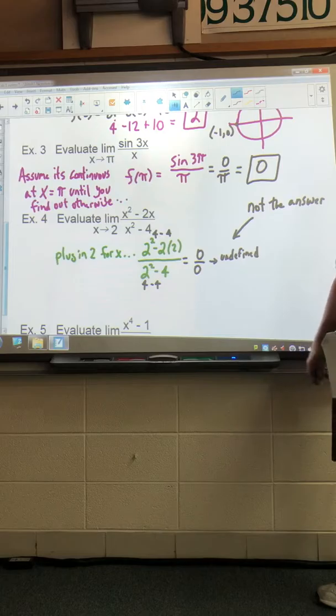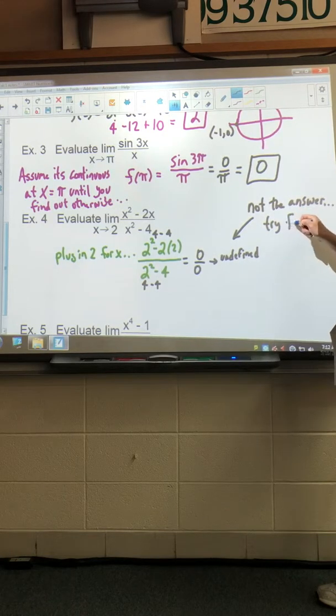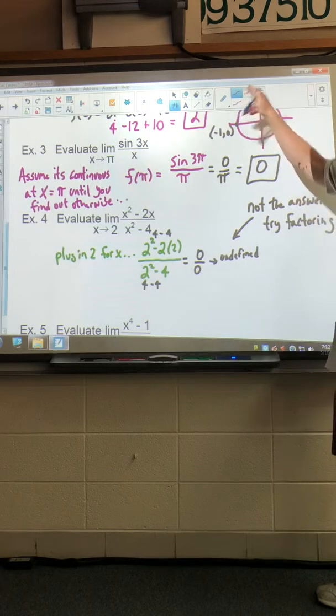So when this happens, we're going to try factoring. That factoring at the beginning of the lesson wasn't just for fun, it was for a reason.